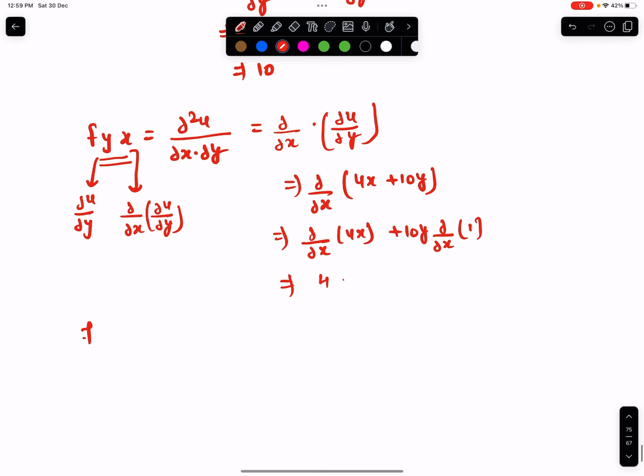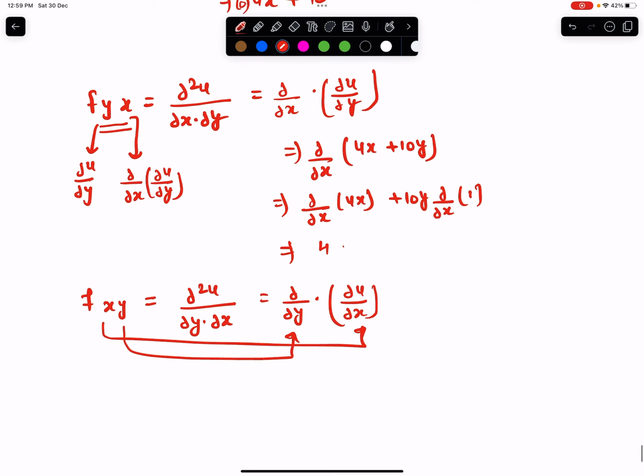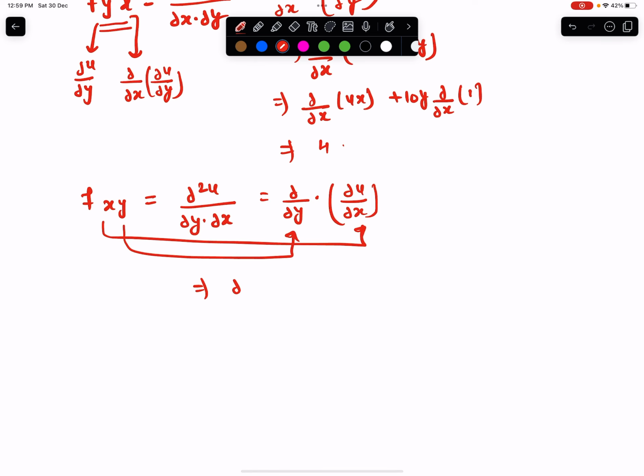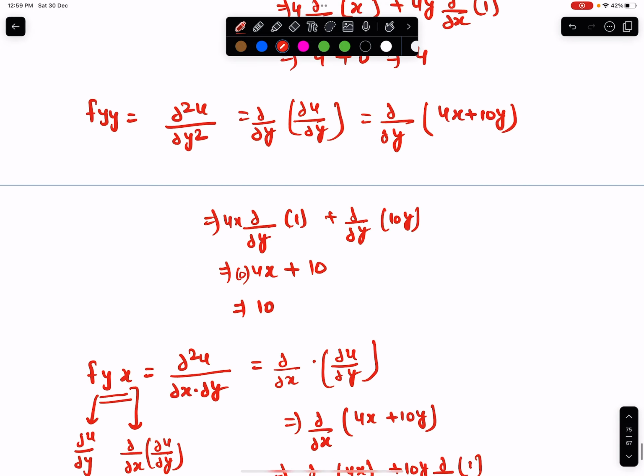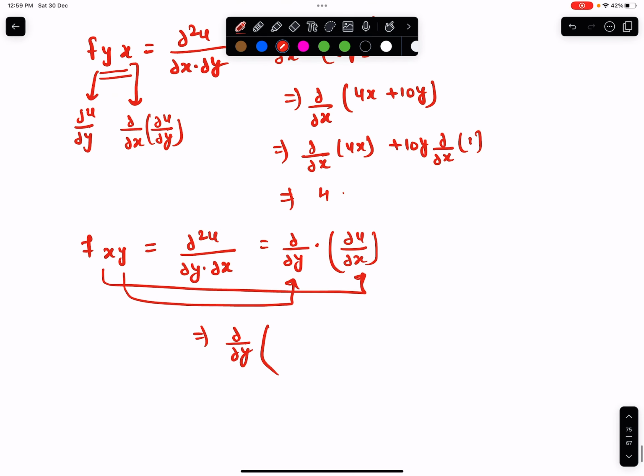Now we have to find f_xy. f_xy is ∂²u/∂y∂x, that equals ∂/∂y of ∂u/∂x. ∂u/∂x is 4x + 4y.